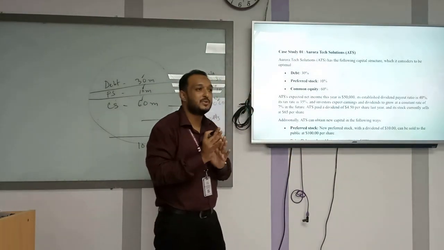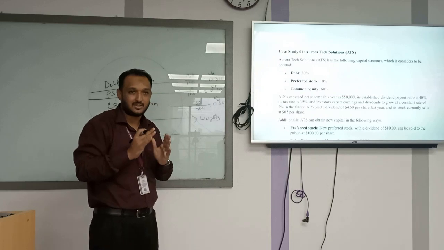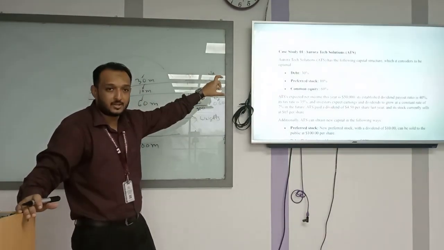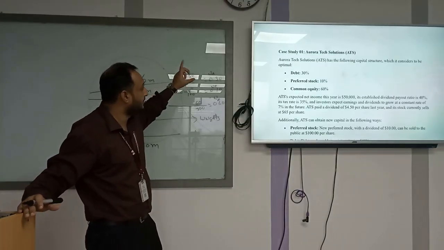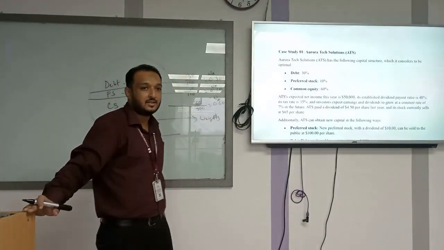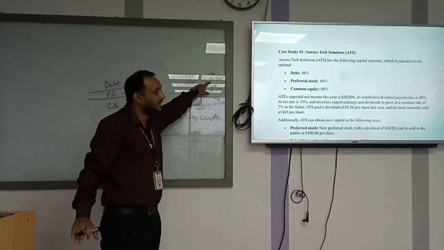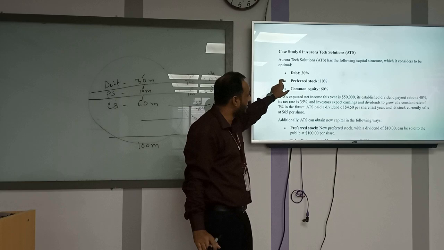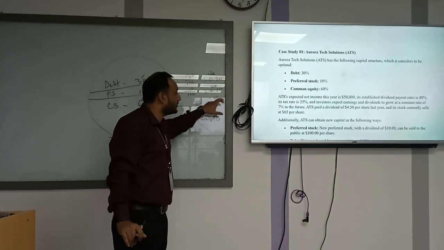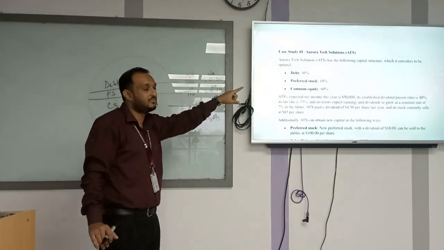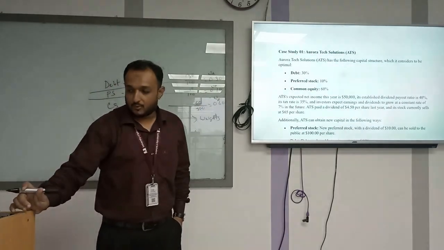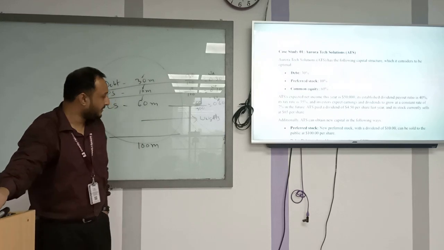It is an optimal one for them. We talked about an optimal capital structure, that is best for my company, this optimal capital structure where debt is 30%. So how much debt is there? 30%. Weight is given. How much preferred stock? 10%. How much common equity? 60%. So these are the percentage figures. If you divide by 100, it will be the decimal figure, right? Easy.